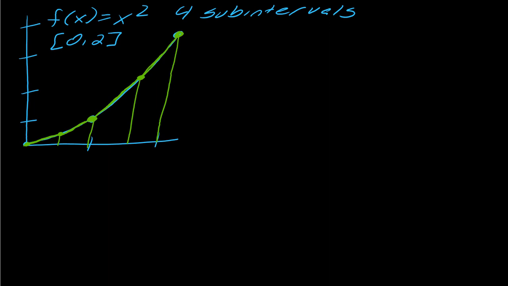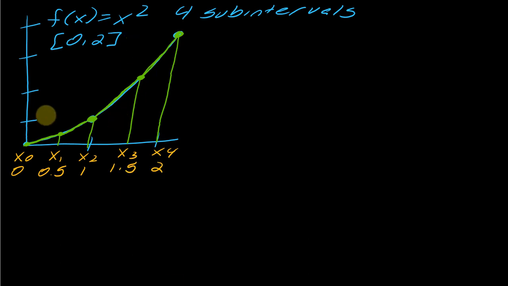Okay, so now let's get into this. I want to explain how the formula is derived by using this example. I want to view all of these endpoints, so let's label them. This is x sub 0. We'll call this x1, x2, x3, x4. And of course, the real points: this is 0, this is 0.5, this is 1, this is 1.5, and this is 2.